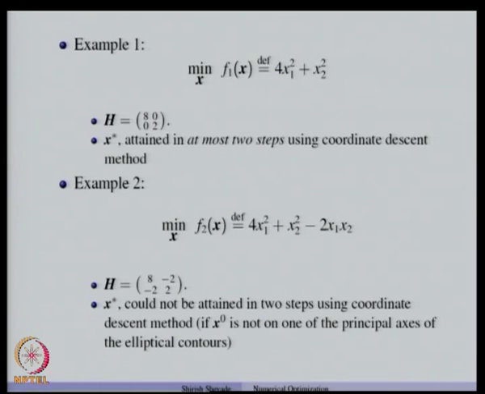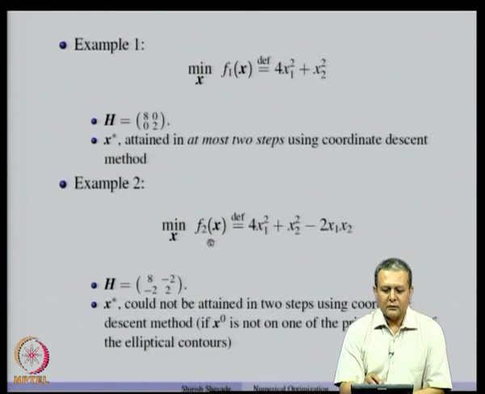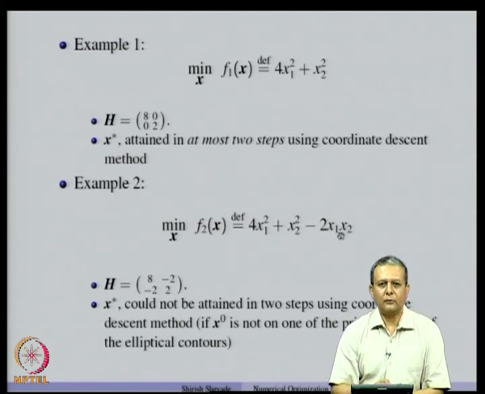In the last class, we started discussing coordinate descent methods and we considered a couple of examples. One example was to minimize f1(x), where f1(x) is defined as 4x1 square plus x2 square, and the other example was to minimize f2(x), where f2(x) was f1(x) minus 2x1x2.